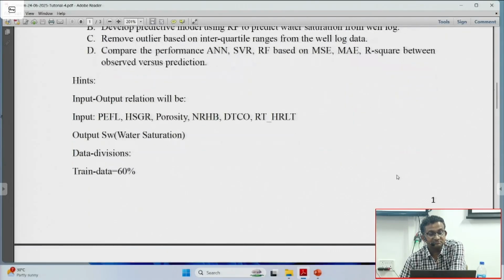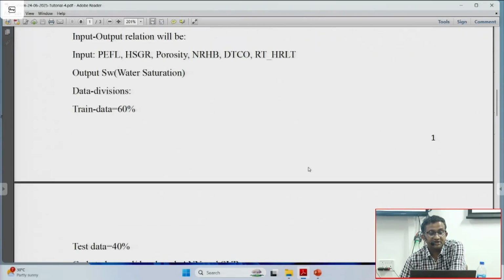And some guidelines are provided. We need to take these inputs of photoelectric effect, porosity data, density data, sonic, and need to predict the water saturations from the log. Training and testing divisions are provided.